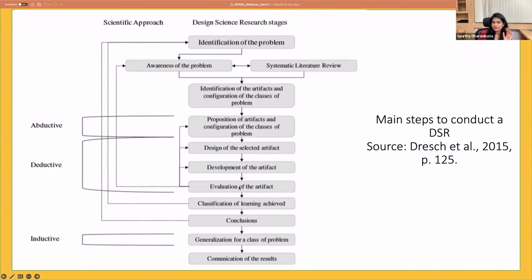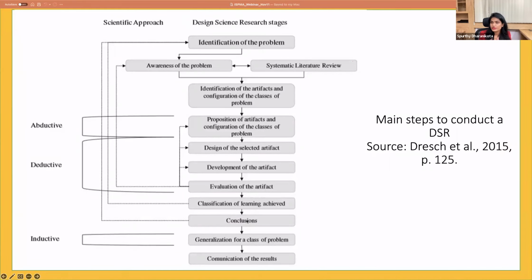And once you've built the product, designed it, developed it, and evaluated it in natural settings, then you can derive conclusions out of it, right? So you can conclude that by choosing a particular design, the design time reduced by this amount of time, or that you could include these automation features in the product and it made the product better. So any of that knowledge is put together in the form of conclusions, and that adds to the knowledge base.